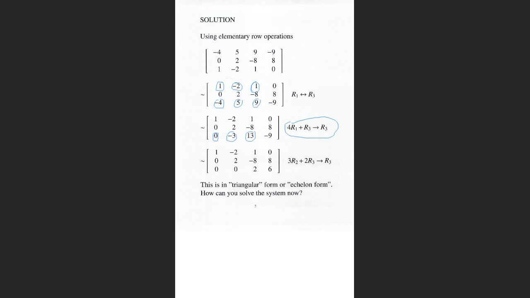And 4 times 0 plus negative 9 is just negative 9.